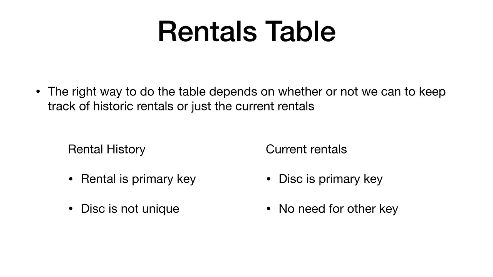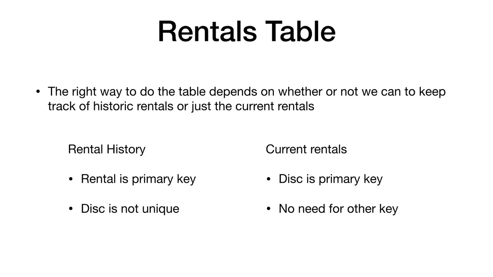Is this table going to tell us that somebody rented this disk on this date, and that's all? Are we going to keep track of things once they're returned? Or is the table only going to keep track of the disks that are out?